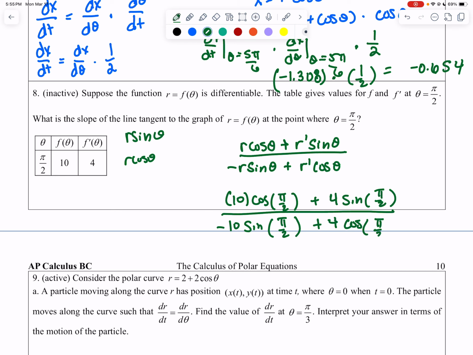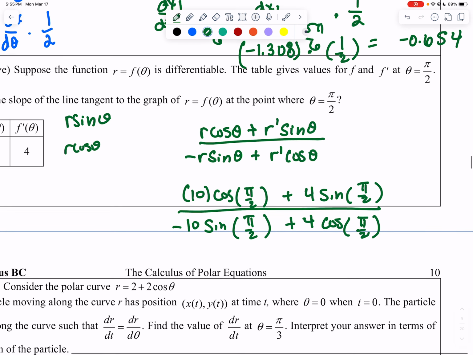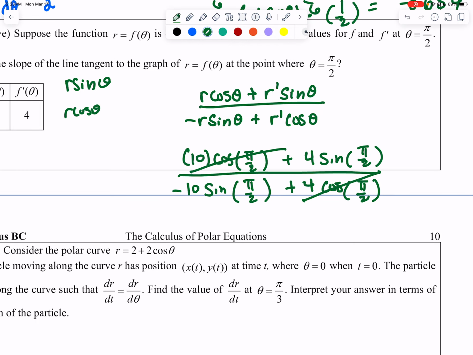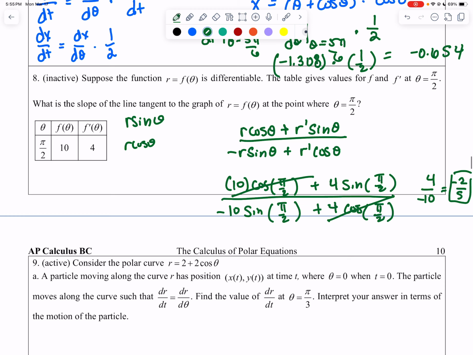If we don't, then yikes. The cosine pi over 2 term will cancel out. So now we're left with 4 over negative 10, which is negative 2/5. So this tells me that the slope of the tangent line when theta is equal to pi over 2 is negative 2/5.